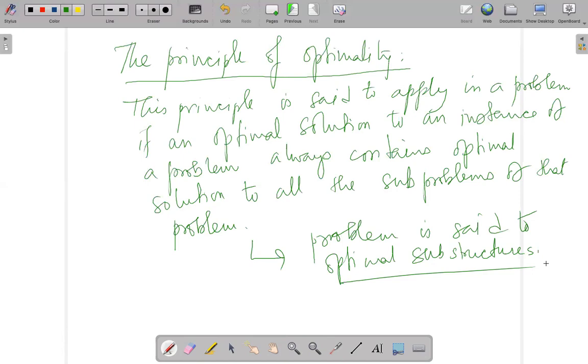So it is in this way that these small optimal solutions of the sub problems or the substructures are combined step by step in order to get the optimal solution for the overall problem instance. So this is the basic idea of dynamic programming.